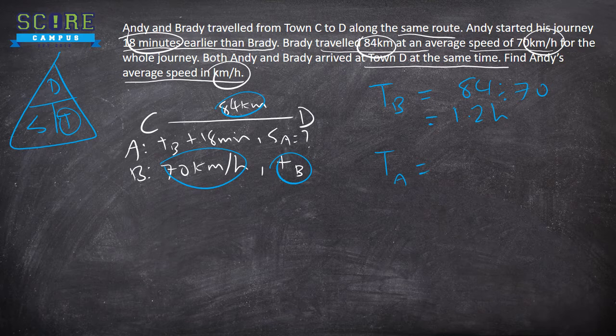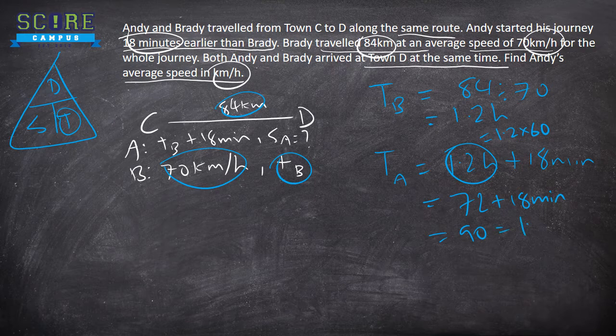TA is equal to 1.2 hours plus 18 minutes. Now the units are different, so you got to convert this. Let me just convert this to minutes. 1.2 hours equals 1.2 times 60 minutes, which is 72 minutes plus 18 minutes, which equals 90 minutes, also equal to 1.5 hours, right?